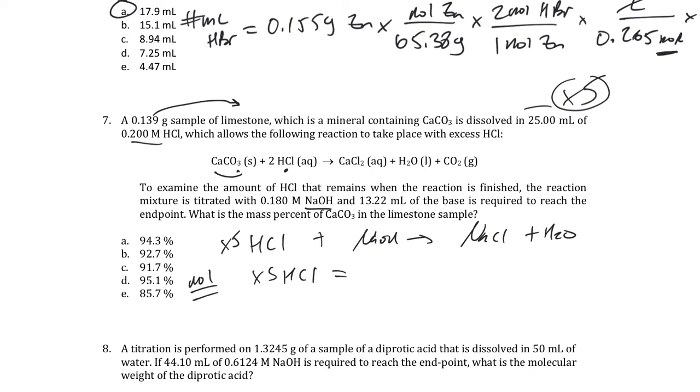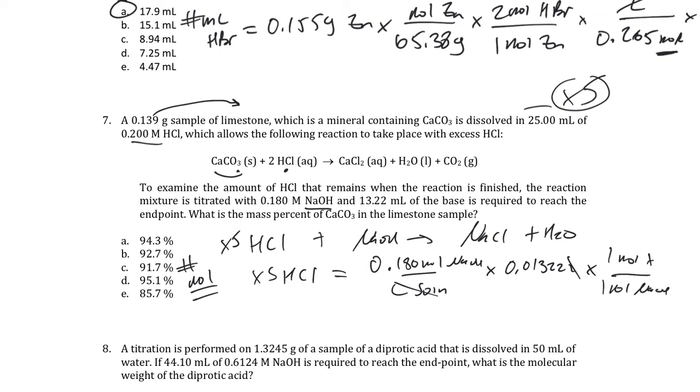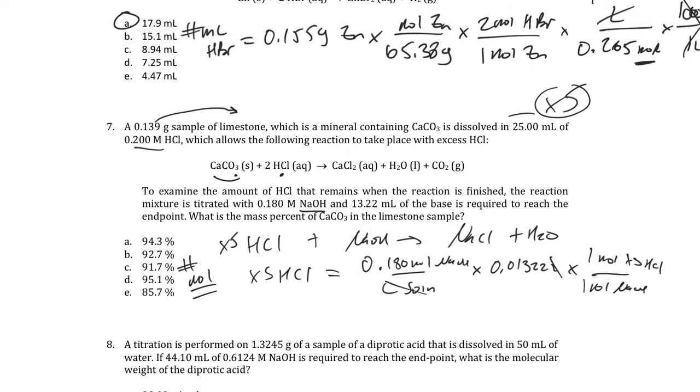Let's go to moles here. It doesn't tell us what to do, but I can figure out the number of moles of excess HCl by taking the 0.180 moles per liter of the sodium hydroxide solution, multiplying by the volume that was used. That's moles of sodium hydroxide, and for every 1 mole of sodium hydroxide we had to add, there was 1 mole of excess HCl.